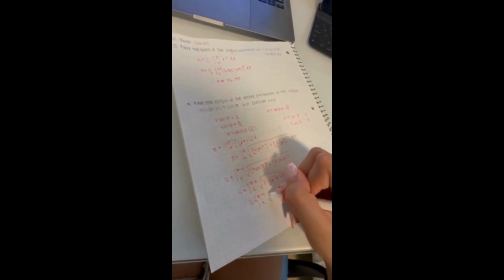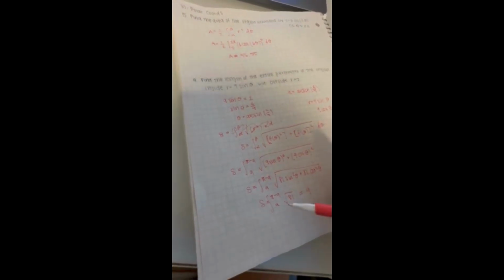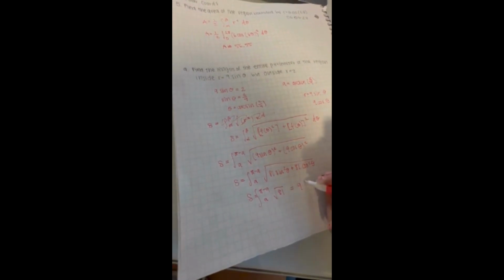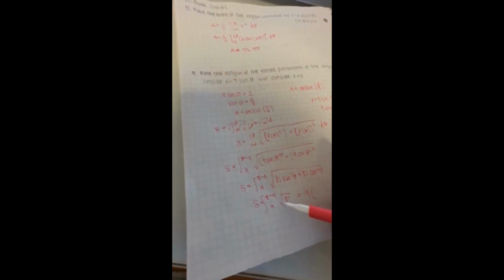So it just becomes the square root of 81, because sine squared theta plus cosine squared theta is 1, which equals 9. And then for the bounds, pi minus a minus a is pi minus 2a. So we can just write it like that because that is equivalent to the distance there. So our first value is going to be 9 times pi minus 2a.